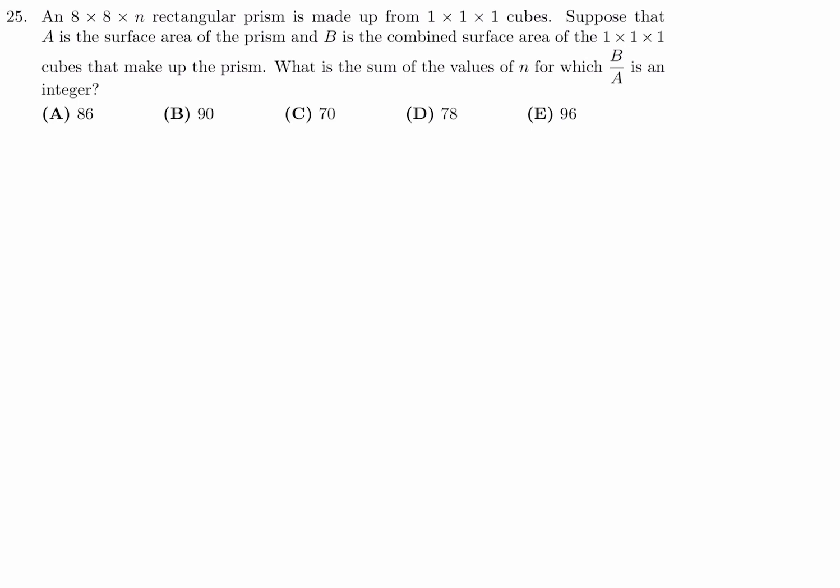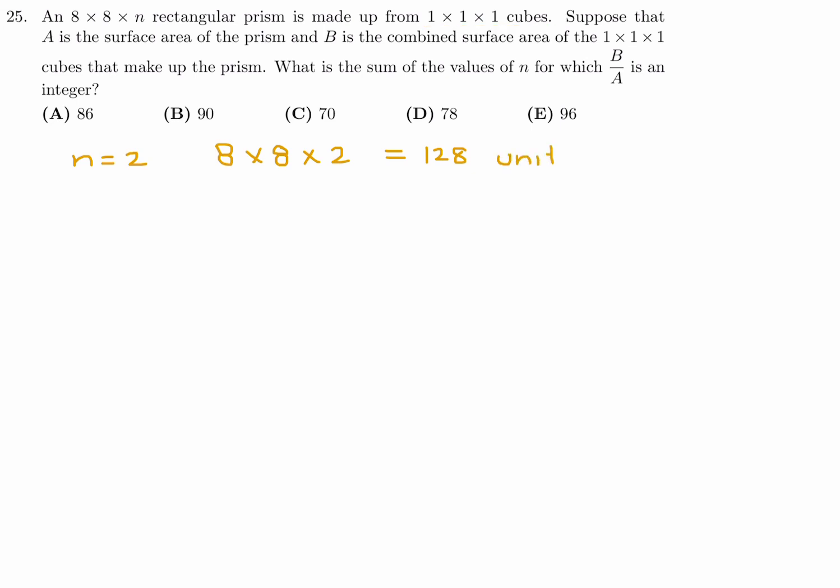I will first start off with a simple example. Let's say n is 2. And hopefully this example will make you understand how to approach this question. So in this case, if n is 2, it will be an 8 by 8 by 2 dimension rectangular prism. And that volume is 128. Now it's made up of these unit cubes.